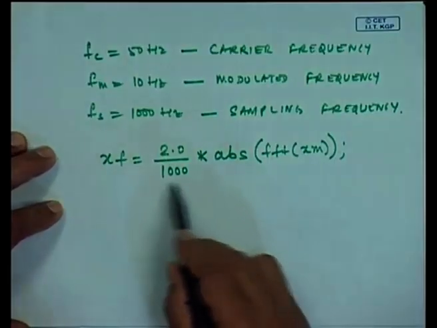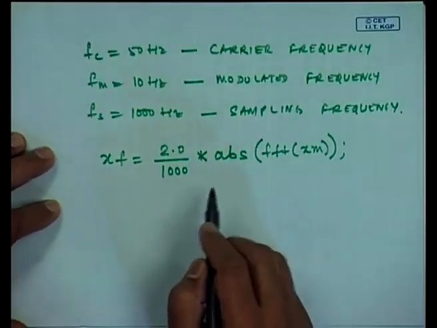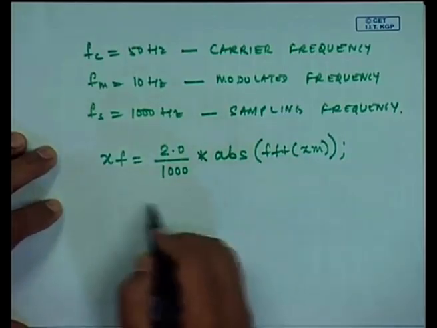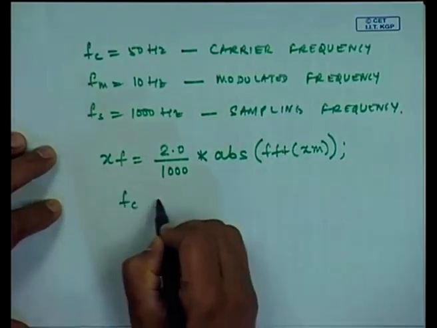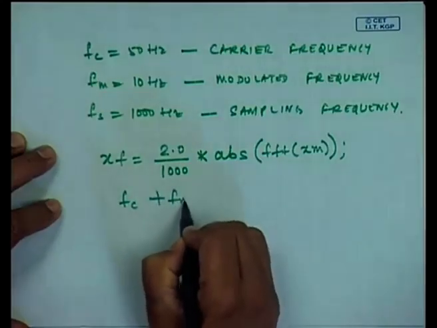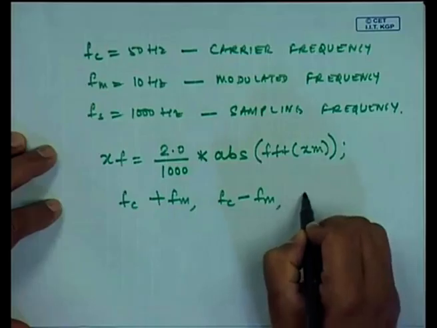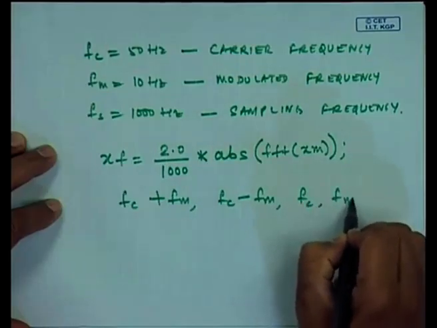You will get the amplitude in the frequency domain, and in such a spectrum you will see the frequency of FC plus FM, you will see FC minus FM, you will see FC.